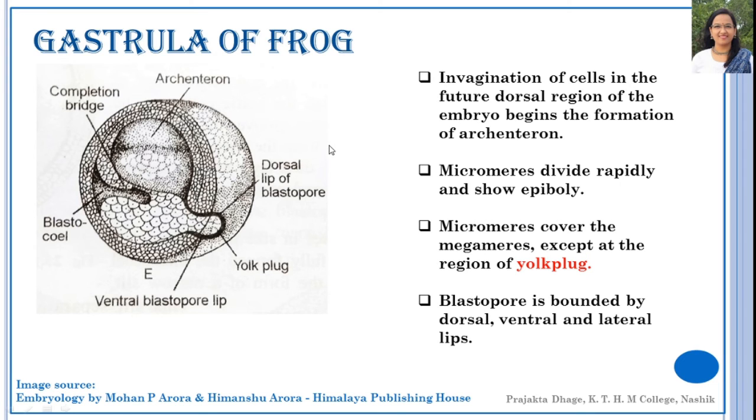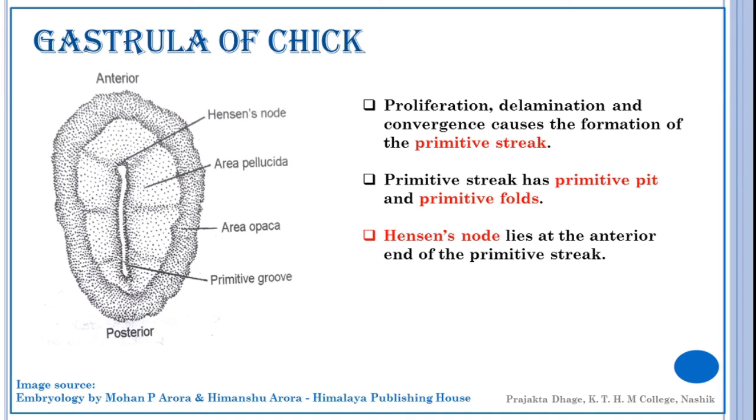Let's see the gastrulation in the chick embryo. Now, we know that the eggs in chick are megalecithal and telolecithal, so the early development occurs in a small disc. The cleavage occurs in the germinal disc or blastodisc, which is differentiated into area pellucida and area opaca.